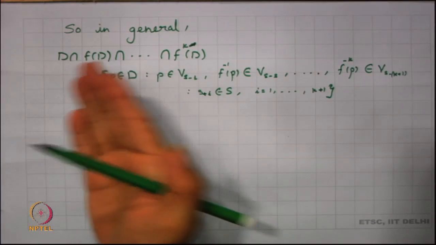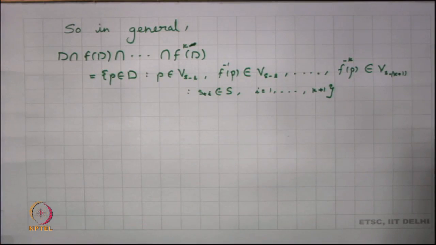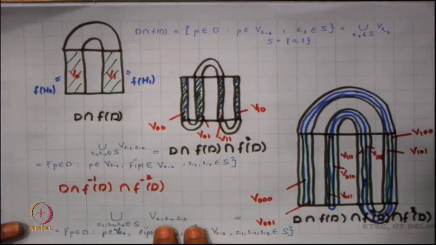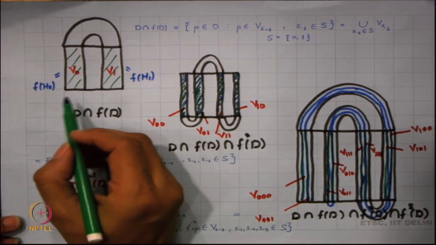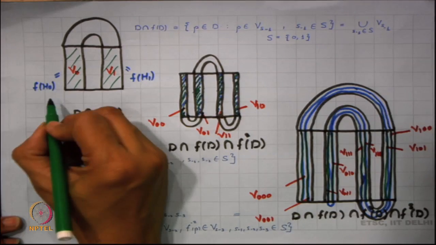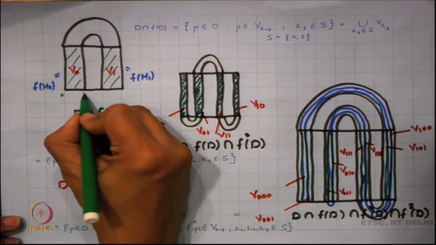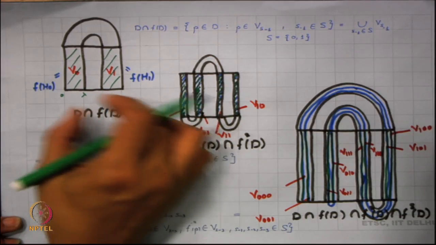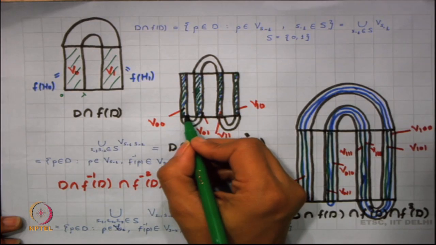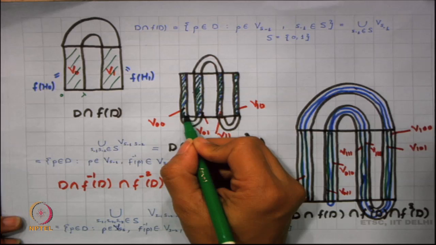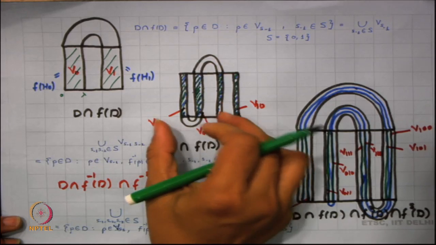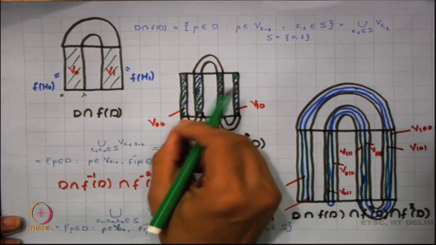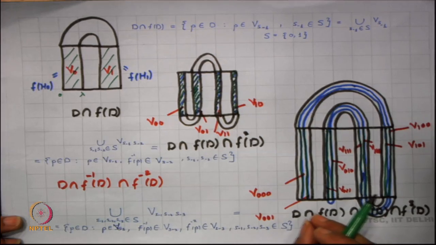And now what can we say about D intersection F D intersection F^{-k} D? Let us get back to our figure again. The width of the rectangle V_0 was lambda. Here the width goes down to lambda square, because again you are contracting the width, and here it goes down to lambda cube.